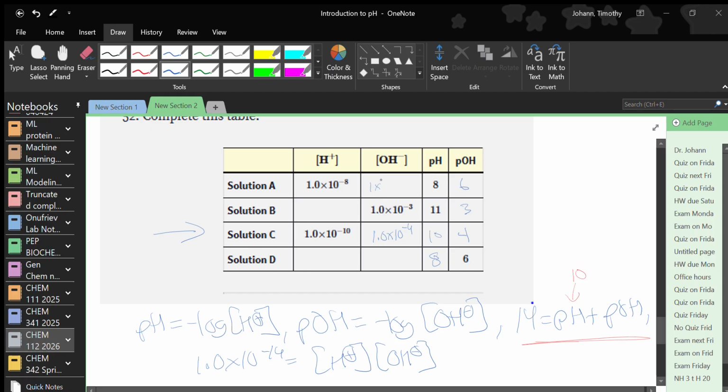This is going to be 1 times 10 to the negative 6th. This one's going to be 1 times 10 to the negative 11. This is going to be 1.0 times 10 to the negative 8. I'm just looking over at this 8 here, making it a negative. And this is going to be 1.0 times 10 to the negative 6.